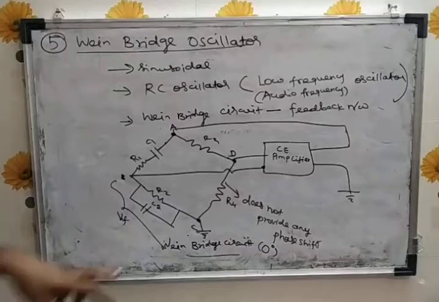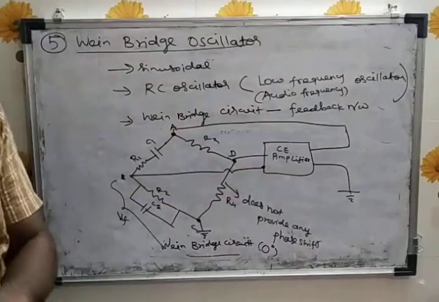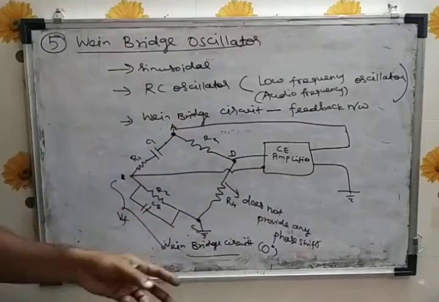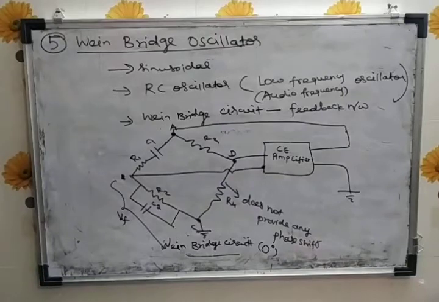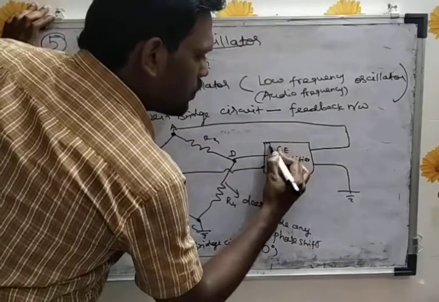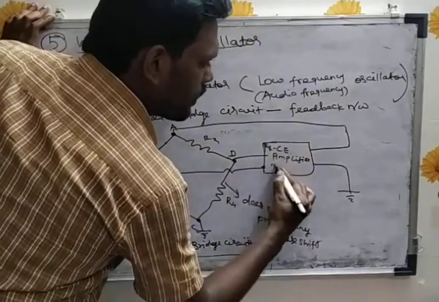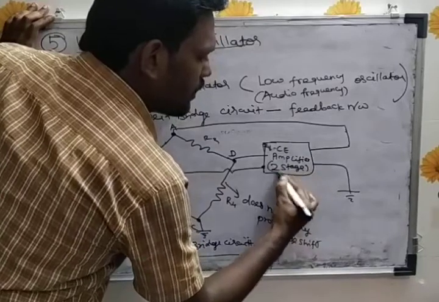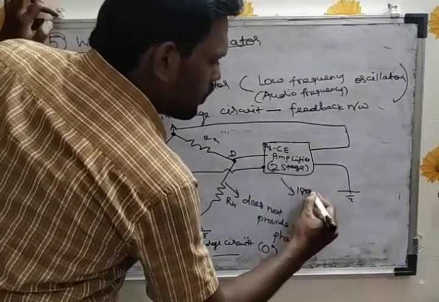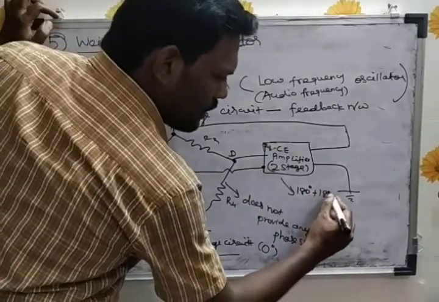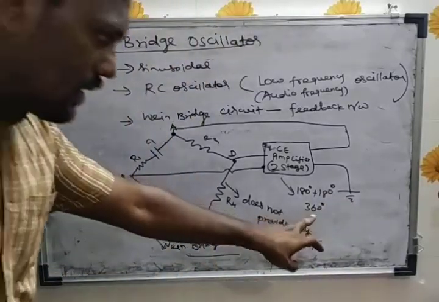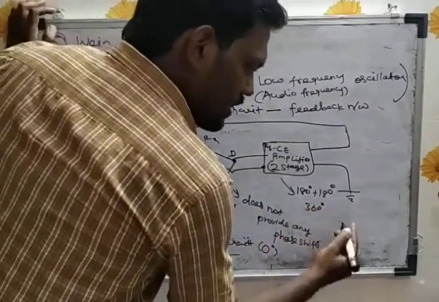If we use one common emitter stage, it provides only 180 degree phase shift. So for the Wien-Bridge oscillator, we cascade 2 CE amplifiers. Each CE stage provides 180 degree phase shift, so the 2 stages together provide 360 degree phase shift. This is necessary for sustained oscillation.